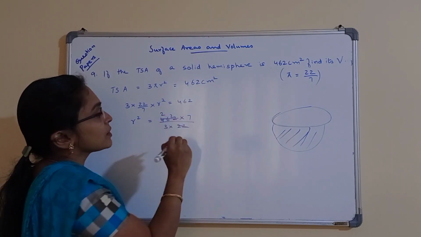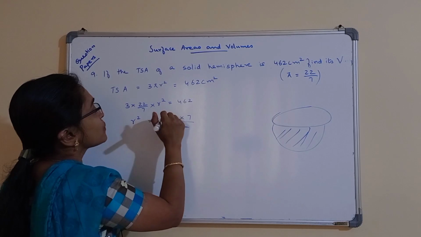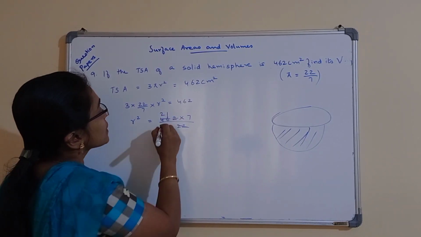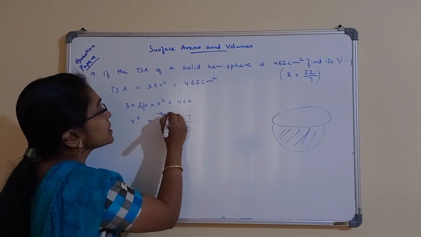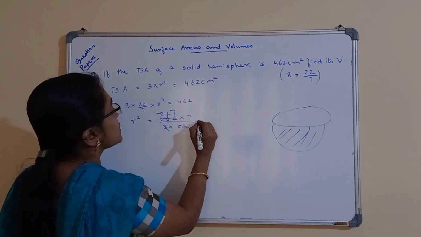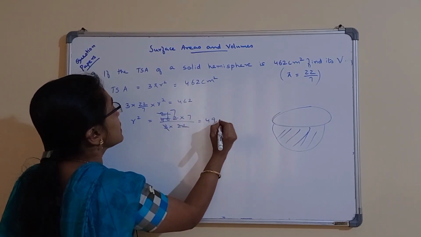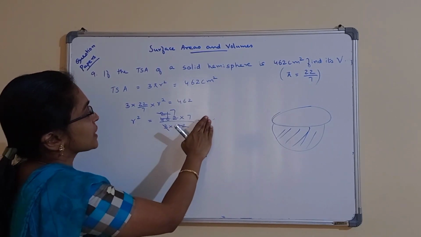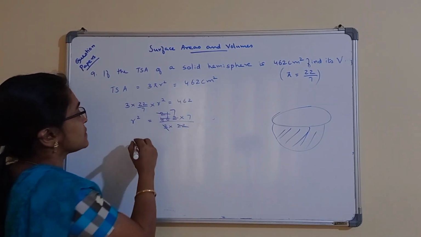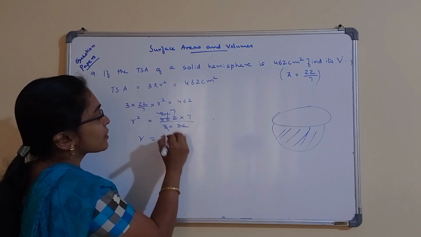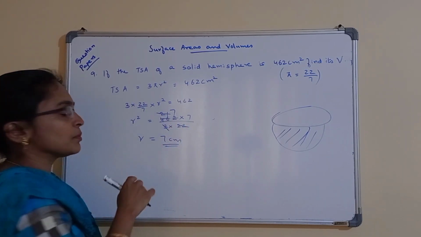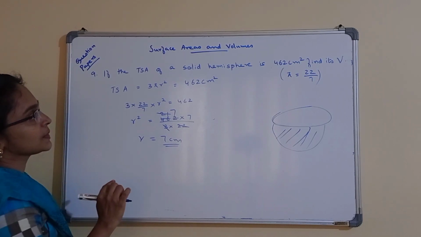Now 2 remainder, 22 by 22 is 21. So we got 21 into 7 by 3, and 3 will go in 21 7 times. So 7 into 7 is 49. R square is 49, or we can write it as 7 into 7 itself. So r is equal to 7 centimeter.